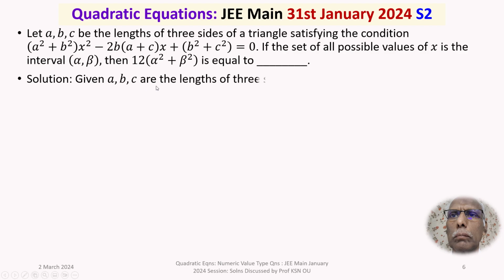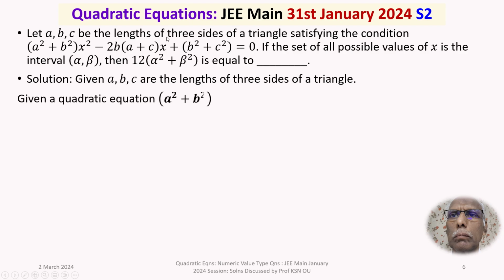Given a, b, c are the lengths of three sides of a triangle, and these lengths satisfy the quadratic equation (a square plus b square) x square minus 2b(a plus c)x plus b square plus c square is equal to 0. Now let's take this quadratic equation and simplify.